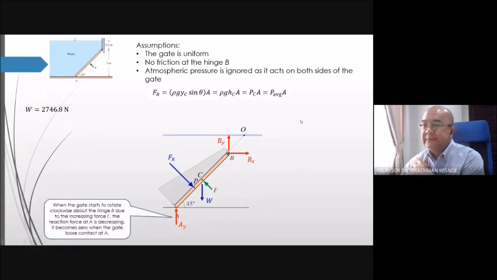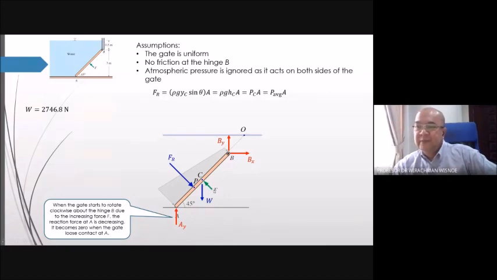One more thing. The question is about the minimum value of F so that the gate starts to open or rotate. When we increase the value of F, the gate starts to rotate, or this contact starts to lose, the reaction force Ay at A will be 0.